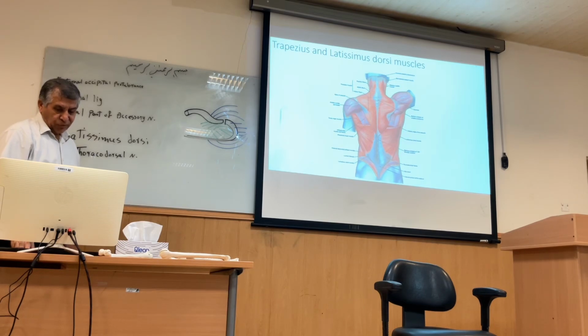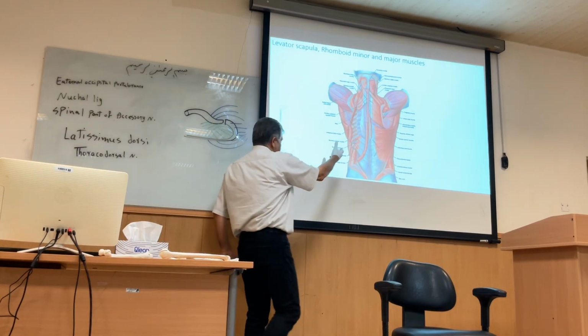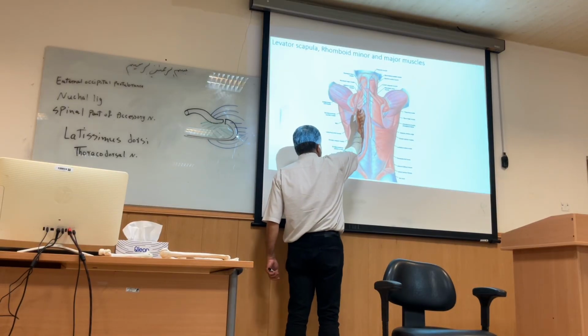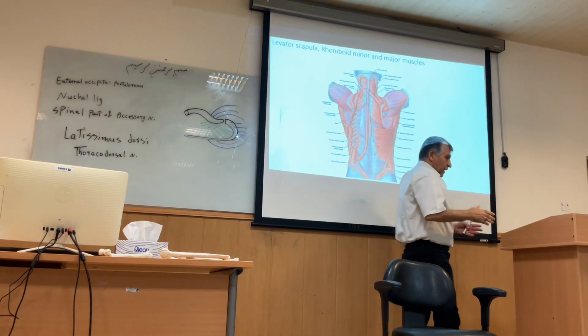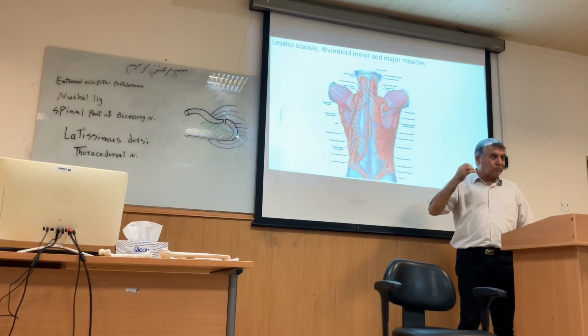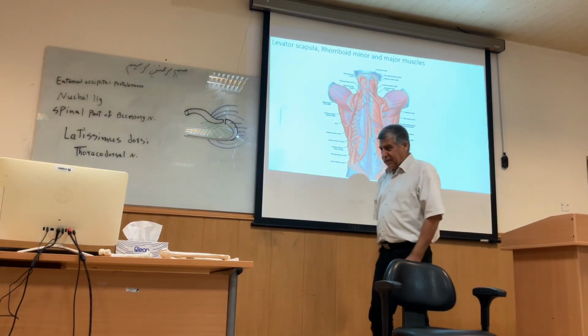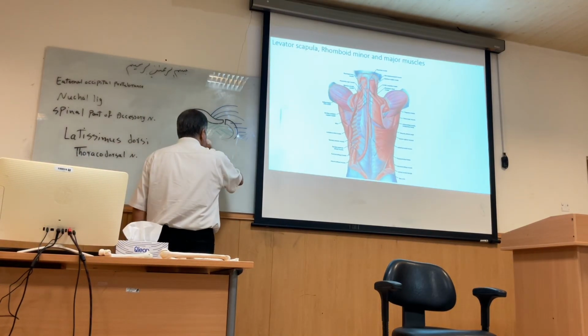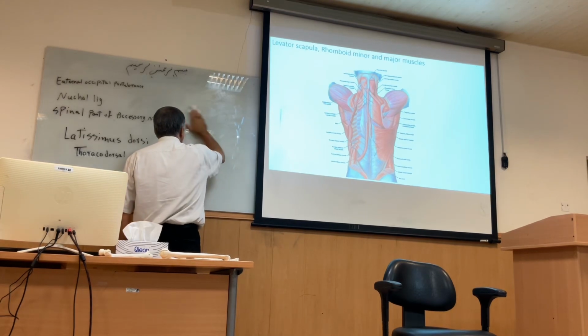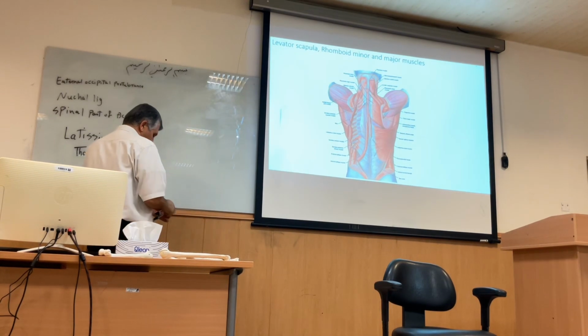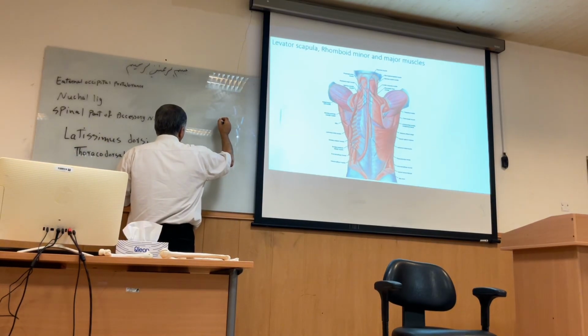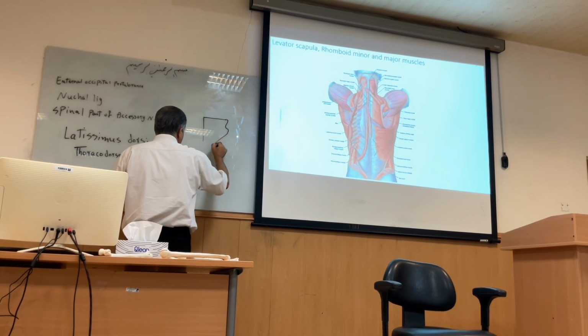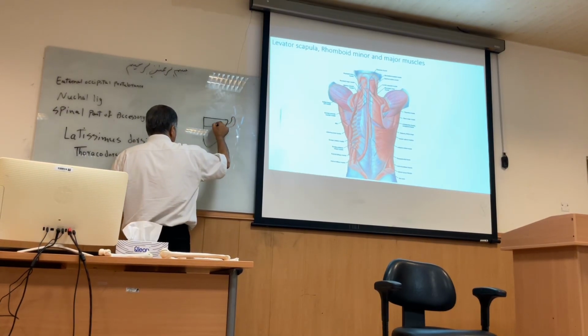When I remove the trapezius and latissimus dorsi, we can see three muscles that connect the vertebral column to the medial border of the scapula. This is the scapular spine, okay?